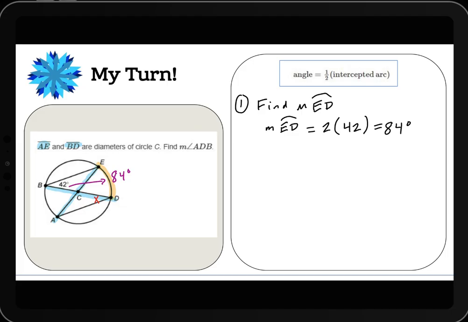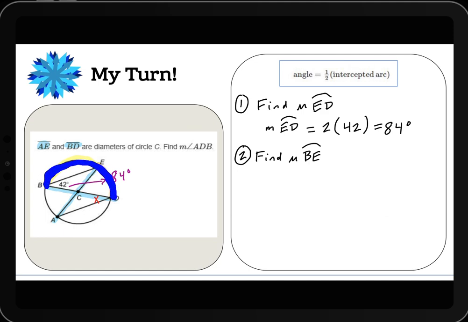Okay. Number two, what we can do is we can also find the measure of the arc BE. So the measure of the arc BE, I'll highlight that in yellow, is right here. Now, when you're looking at that particular arc, I want you to focus on this is a semicircle.